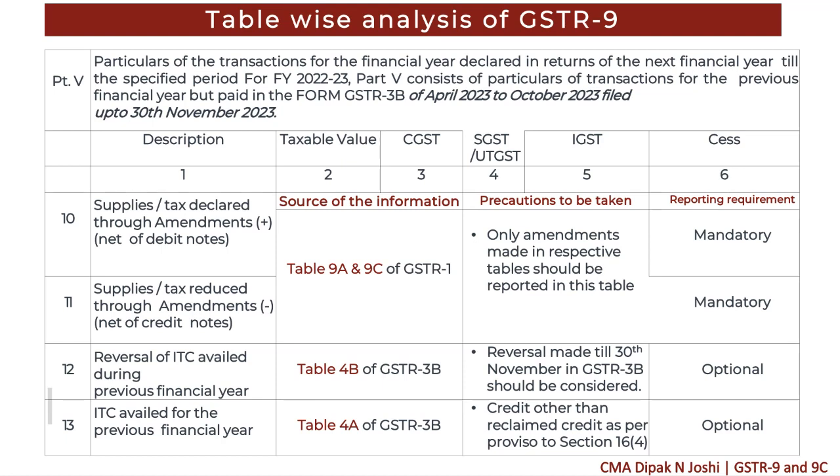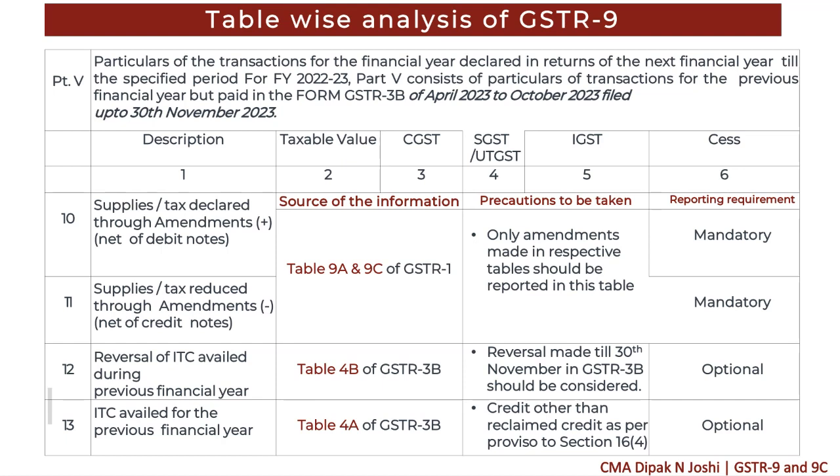For example, Rule 37A states that if any invoice is auto-populated in GSTR 2B, but tax in respect of such invoice is not paid by the registered person till 31st October 2023, in that case you require to reverse such transaction in the month of October.